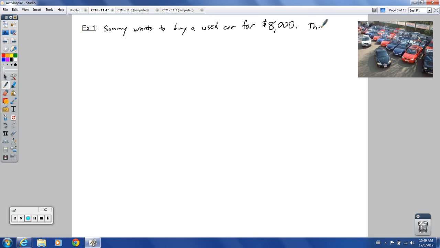And there's an advertised finance option. A lot of these car lots will have their own loans they will give you. So the advertised finance option is no down payment, 6.5% APR.